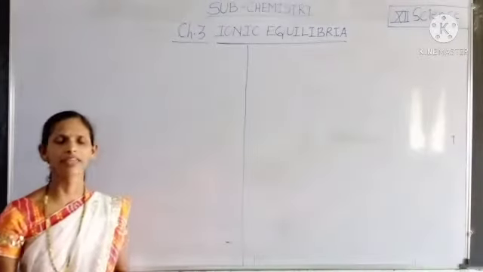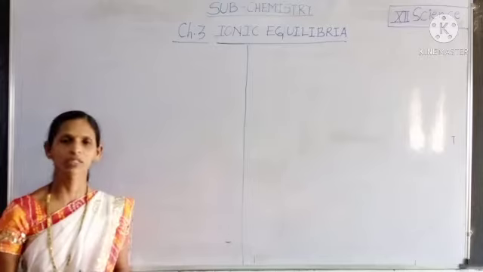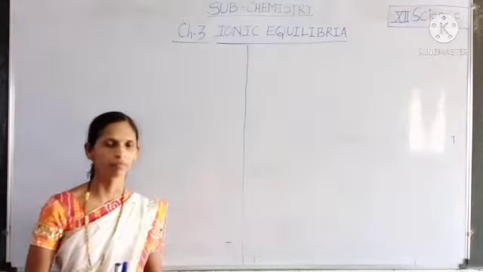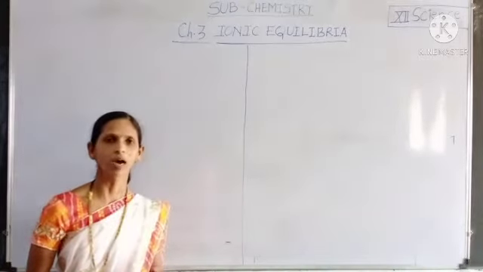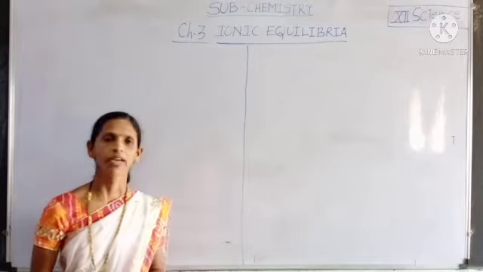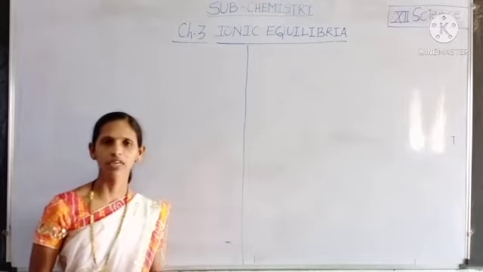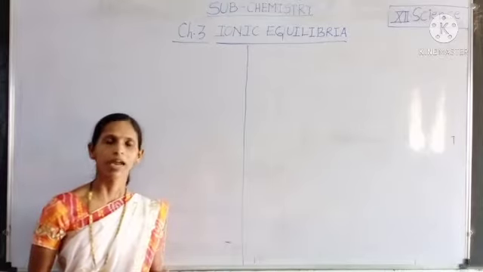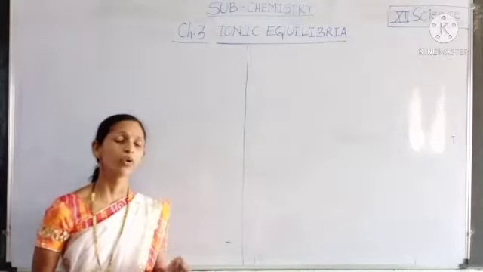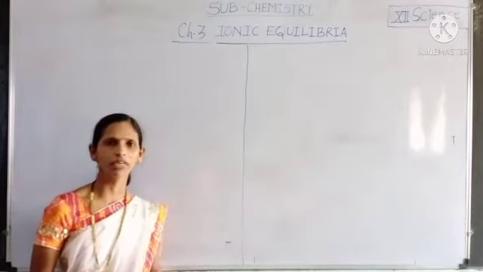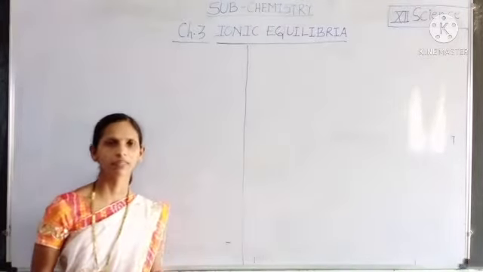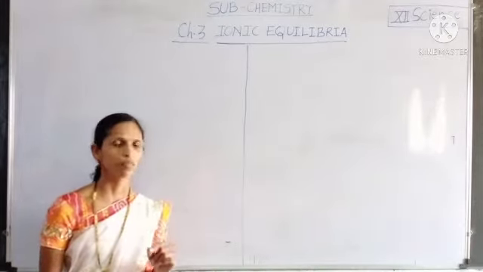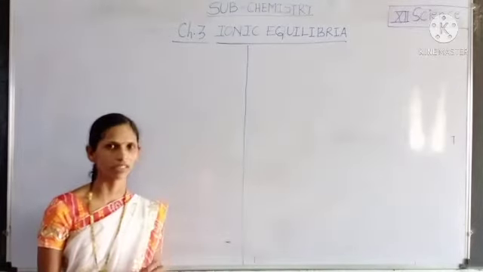To understand what ionic equilibrium is, first of all we have to understand chemical equilibrium. I have already mentioned chemical equilibrium and the law of mass action, which is related to homogeneous reversible processes. When the law of mass action is applied to any chemical equilibrium process, we can get the equilibrium constant of that chemical equilibrium process or reaction.